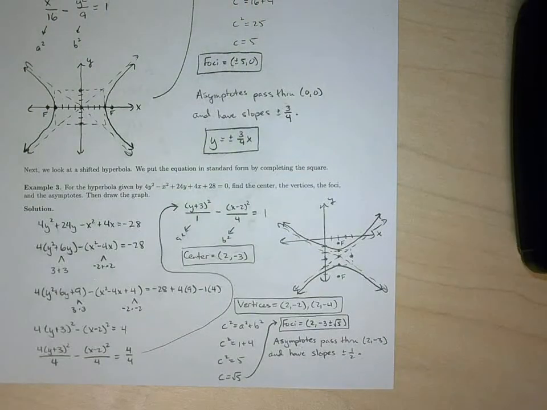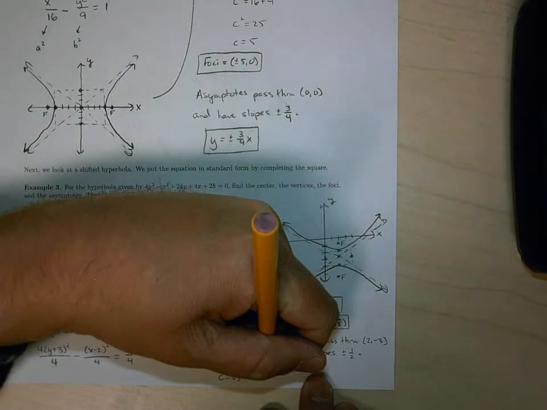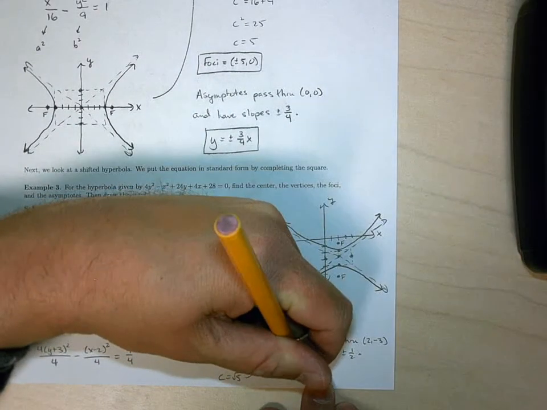It's going to be a chore to put these in y equals mx plus b form. We're going to have two separate equations that look different. Typically what we do when the center is not the origin is we just write the equations in point slope form. So that's y minus y1 equals m times x minus x1.